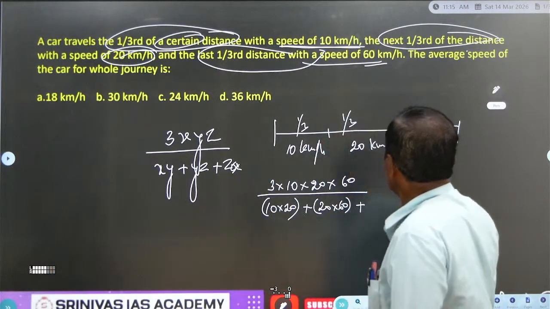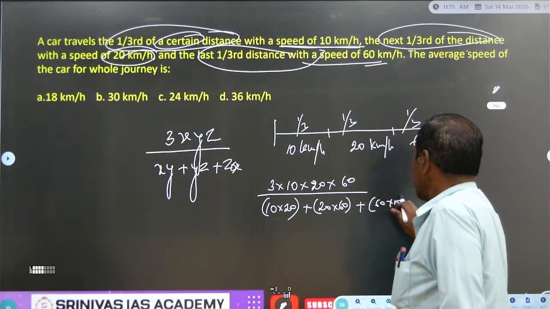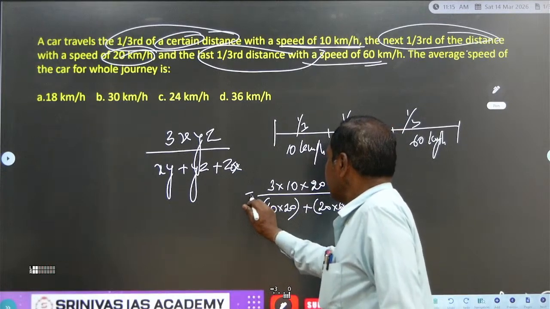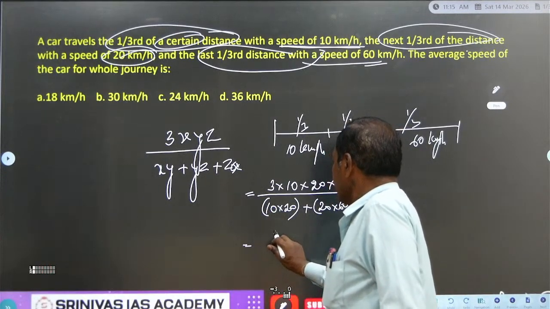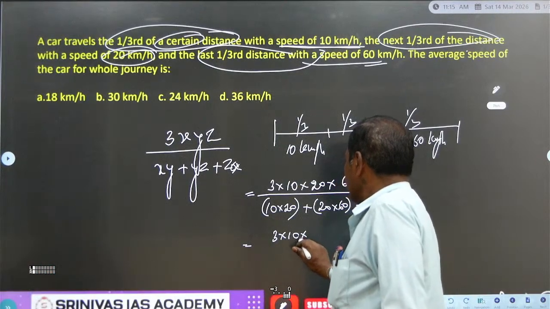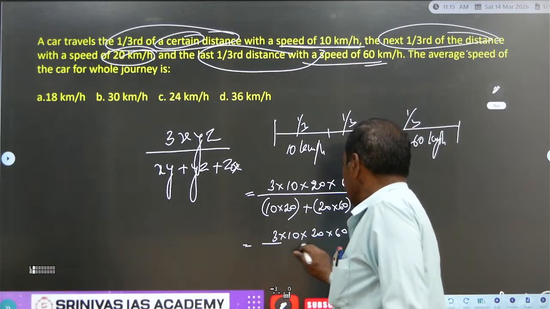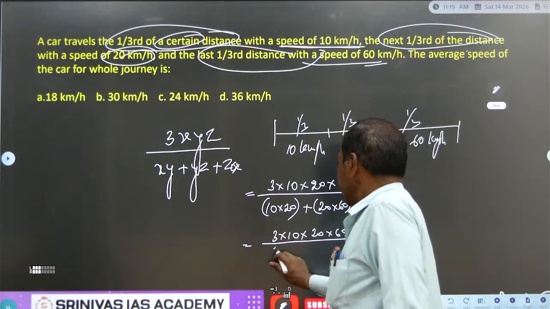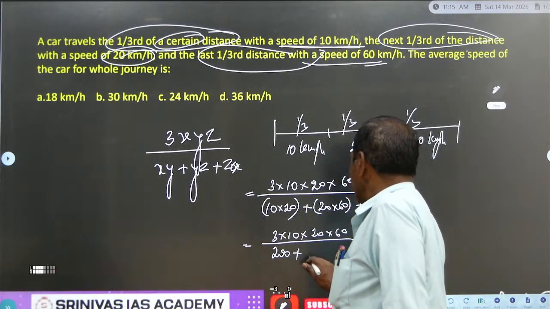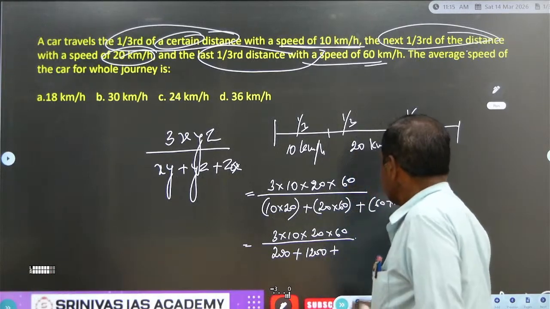Zx means what? 60 into 10. Right. Now we can see one more step. Let us take 3 into 10 into 20 into 60, by 200, plus 1200, plus 600.